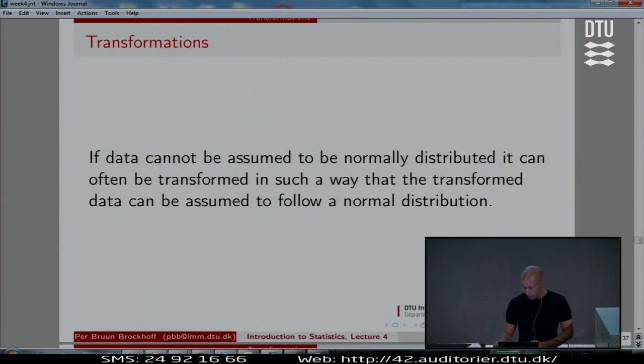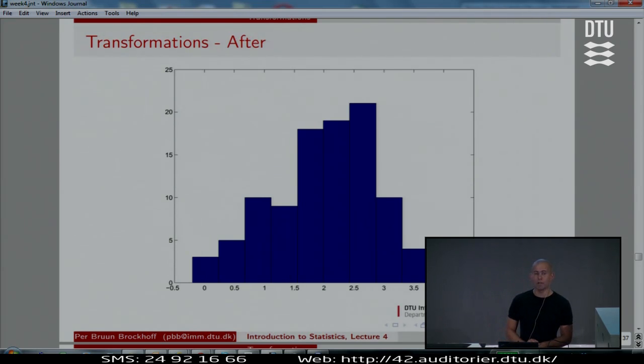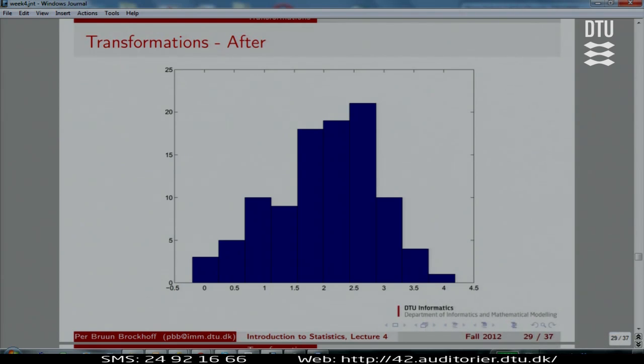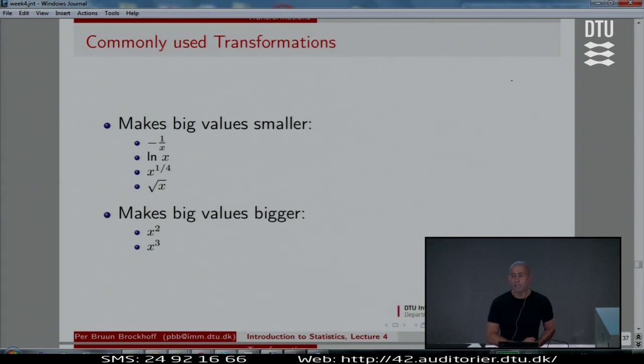So sometimes we can transform something which doesn't appear to be normal. We can, by a simple trick, do a bit of magic and then maybe not make a perfect normal, but make something that at least looks much more like a normal than this one. And what we do is basically, for instance, not look at original data, but look at some nonlinear transformation of the original data.